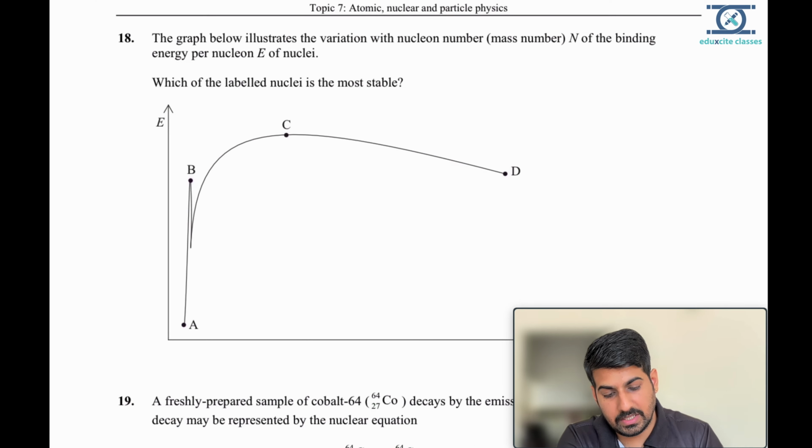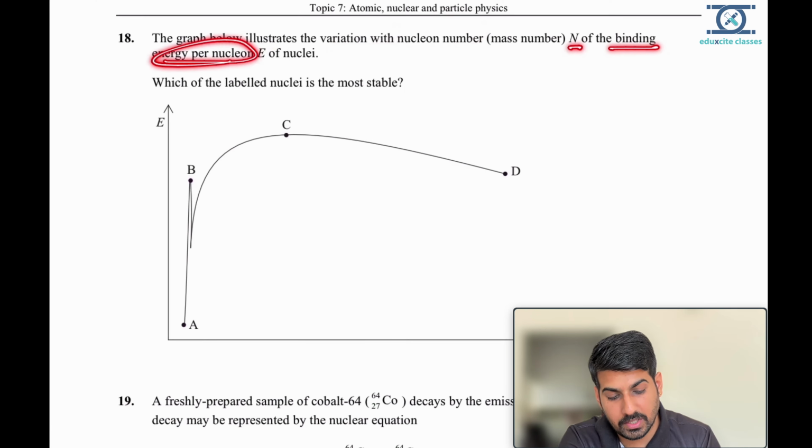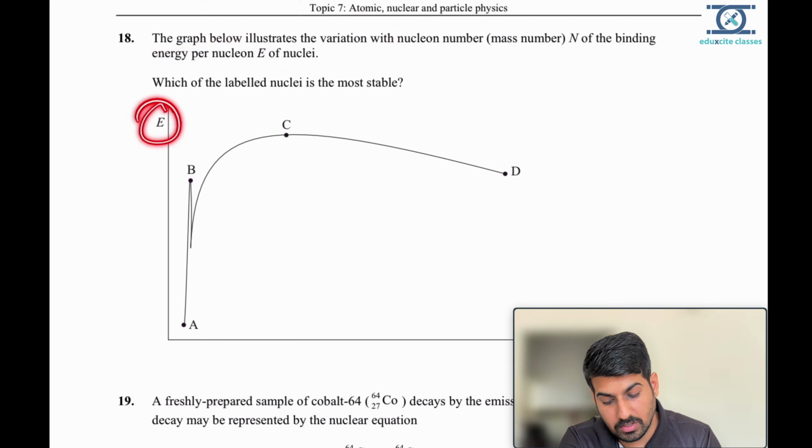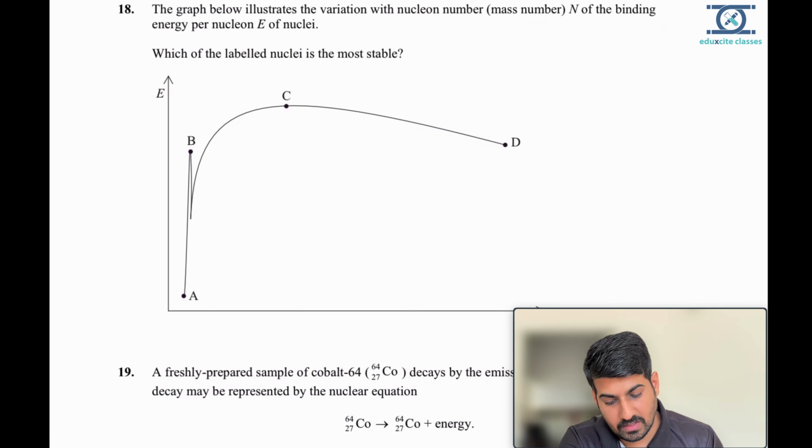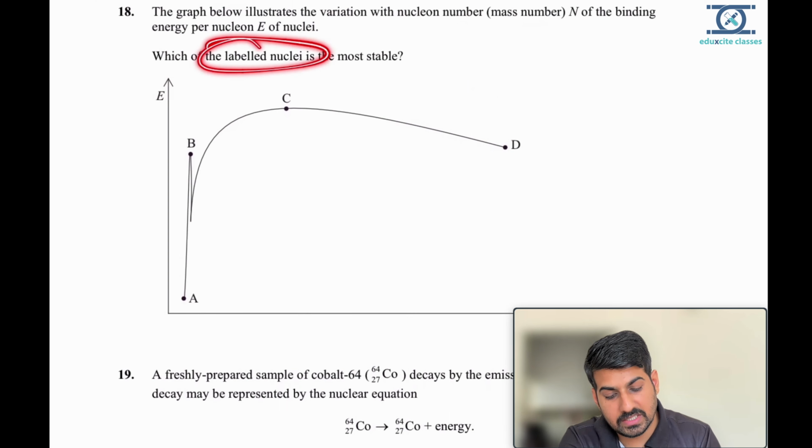Now question number 18, this graph is quite important. The graph below illustrates the variation with nucleon number n of the binding energy per nucleon, E, of nuclei having a mass number n. So which of the labeled nuclei is the most stable, guys?